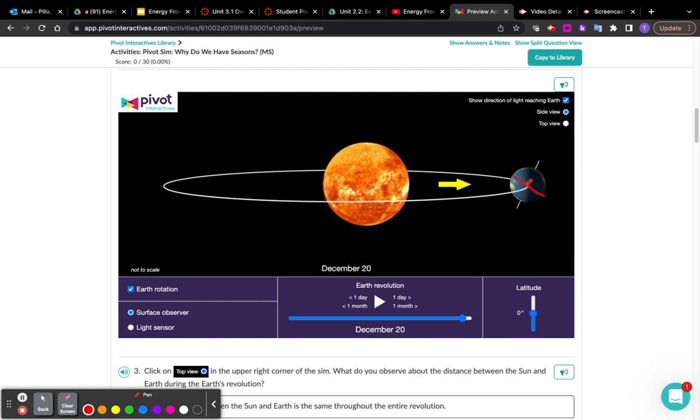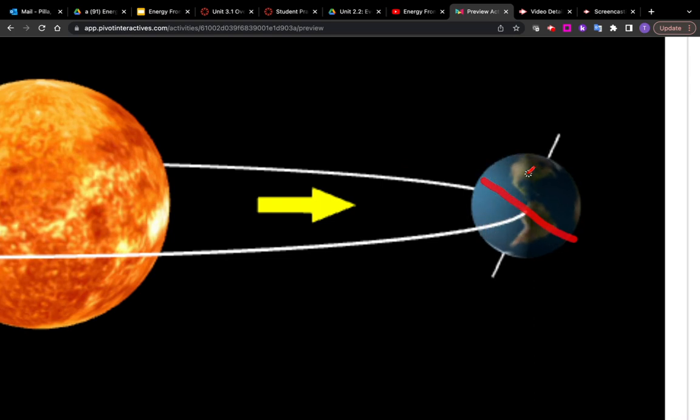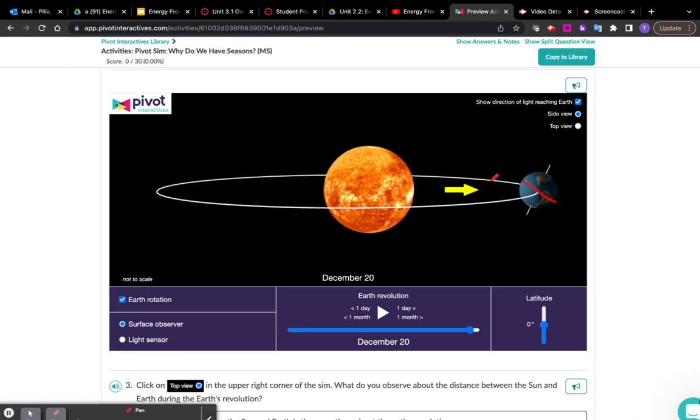And you can see that the southern hemisphere is getting more sunlight and more direct sunlight than the northern hemisphere. And if you look very closely, we can see that as it goes by, there's Australia, southern tip of Africa, South America, there's America. Asia, northern Africa, there's America. So we are in the northern hemisphere. We're getting, at this time of year, much less light and less direct light.